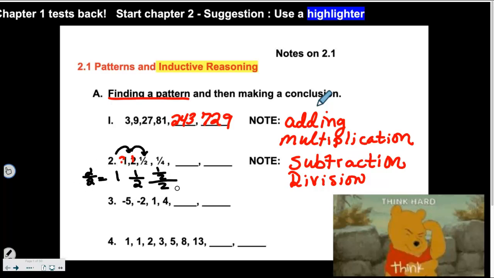So it looks like I am dividing by 2, or I could say multiplying by a half, right? So that would give me 1/8, and then 1/16. So this one, you can view that as dividing by 2, cutting it in half, or multiplying it by half.